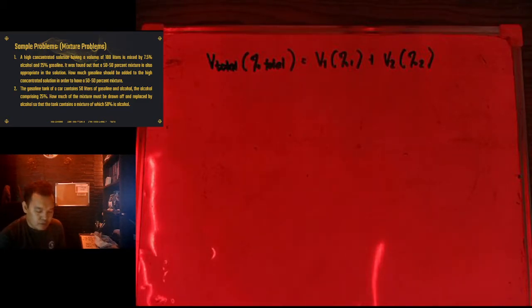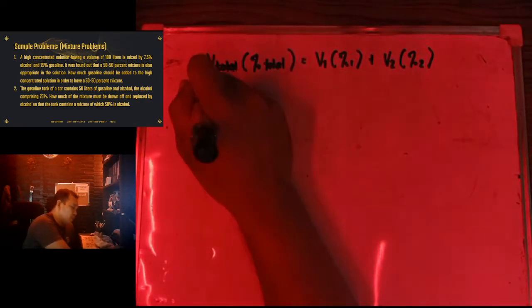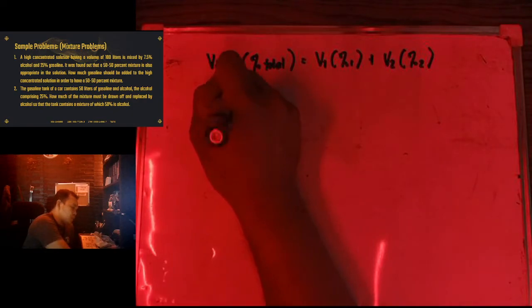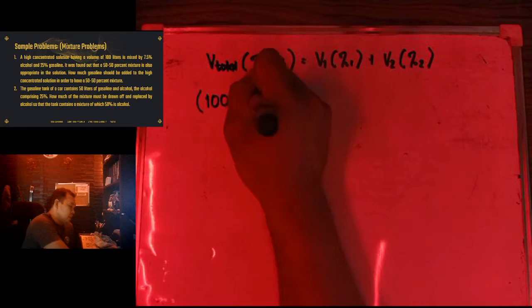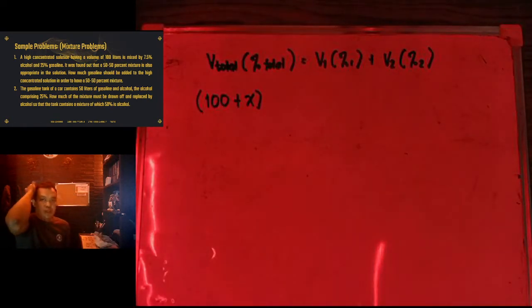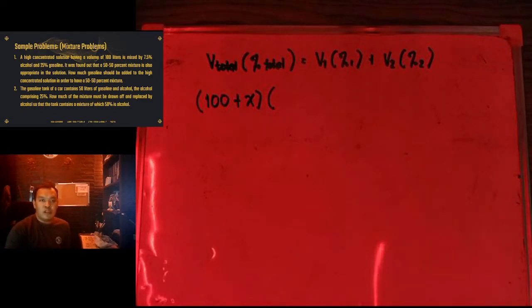Okay, so the first total natin, volume total natin will be from the initial volume which is 100 liters, magdadagdag ka diba ng volume. So, sabihin natin yun si X value. Then, the percent total is the resulting percentage which is the 50-50%.